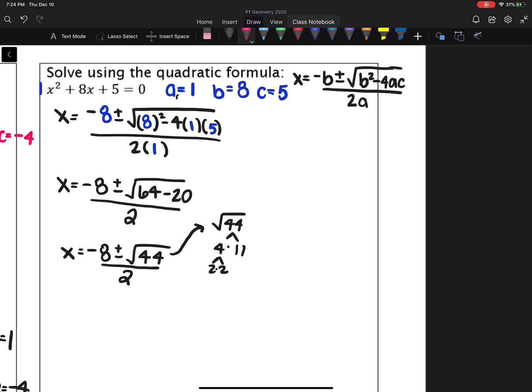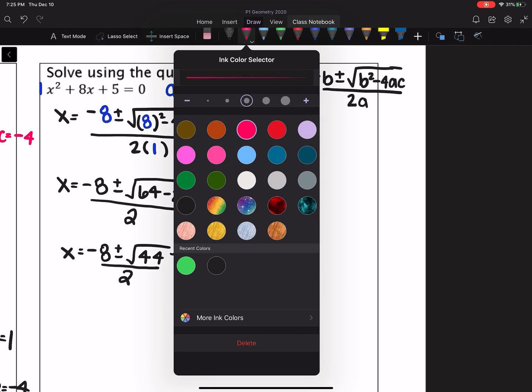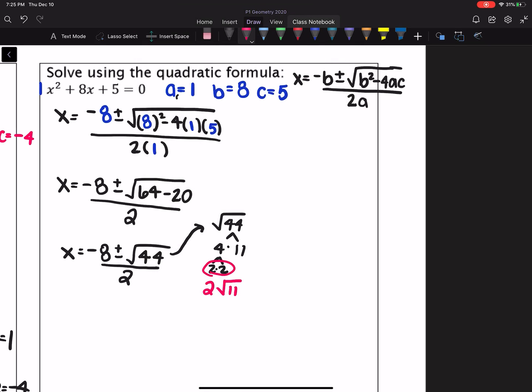So we can simplify the square root of 44 to 2 root 11. So we're going to take that reduced radical and plug it in for the square root of 44.